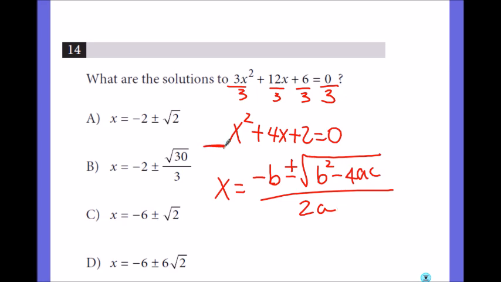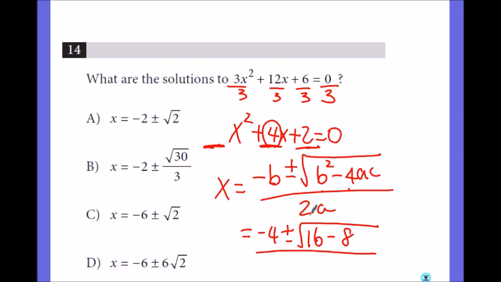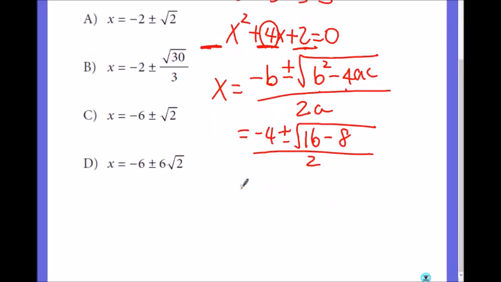So here's your a, b, and c, right? So I get negative 4 plus or minus the square root of b squared, 4 squared, 16, minus 4 times a is 1, c is 2, so 8, divided by 2 times 1. So I get negative 4 plus or minus the square root of 16 minus 8, which is square root of 8, over 2.